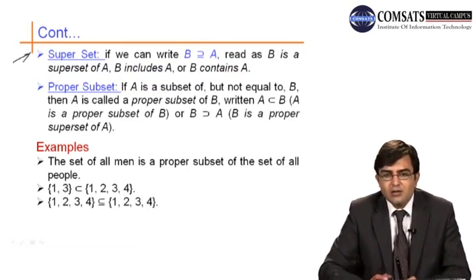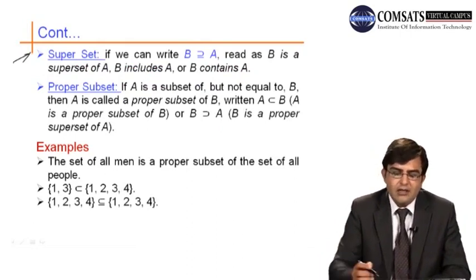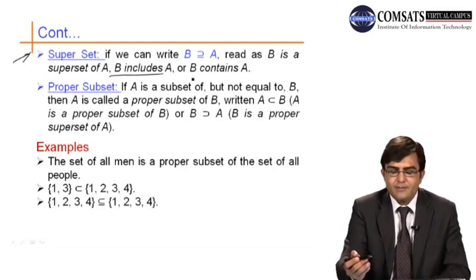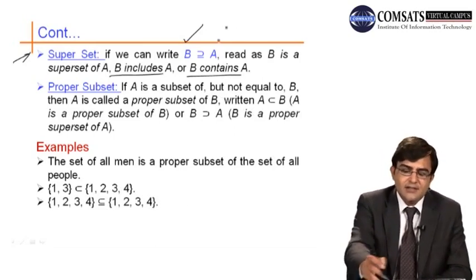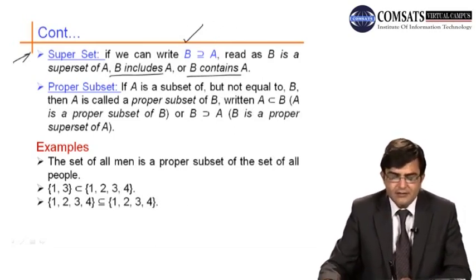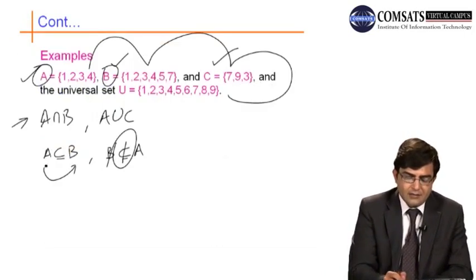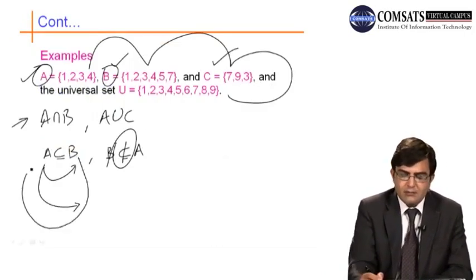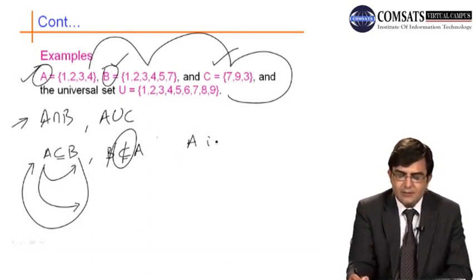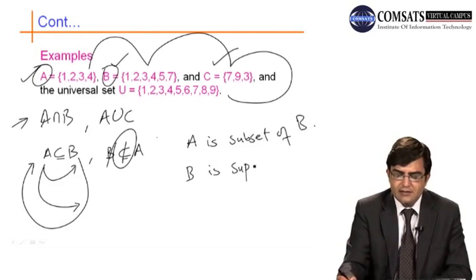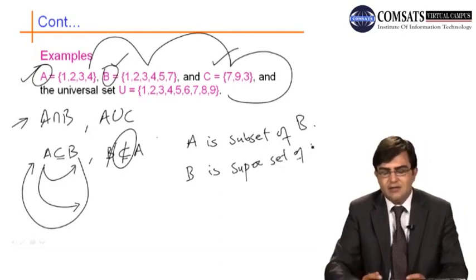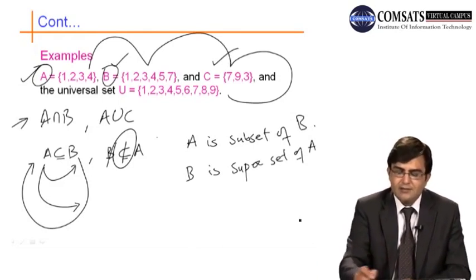If we can write B contains A, read as B is a superset of A, or B includes A, or B contains A, then B is called a superset of A, and A is called a subset of B. In previous examples we have seen A is a subset of B, and B is a superset of A. Super means it is larger than A, and A is smaller than B.